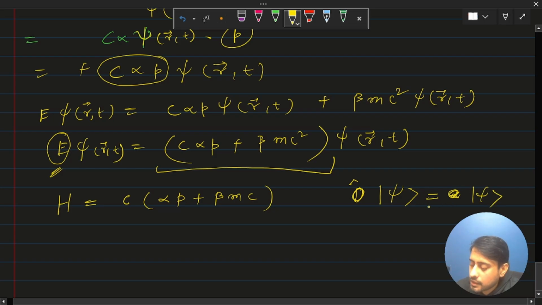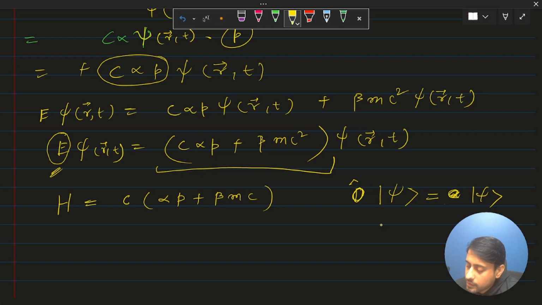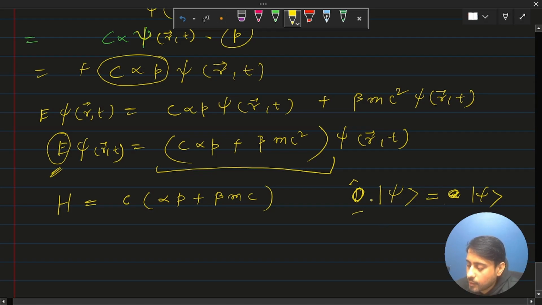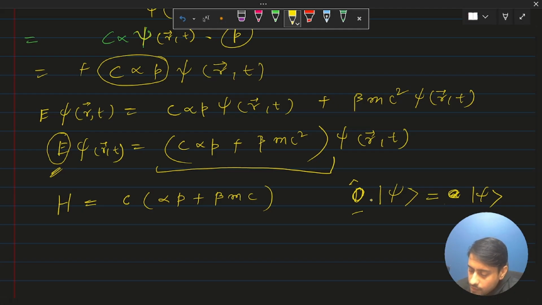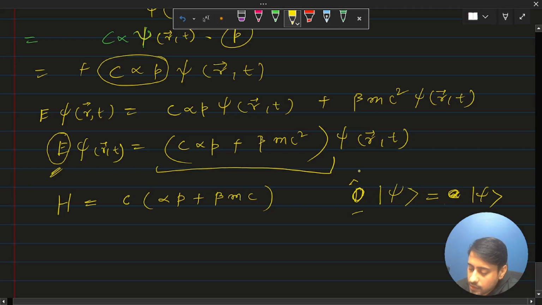So E is the eigenvalue of this equation. This is called the eigenvalue equation. Any operator in quantum mechanics is used to measure something observable, and this puts a limit on what kind of operators these operators can be.